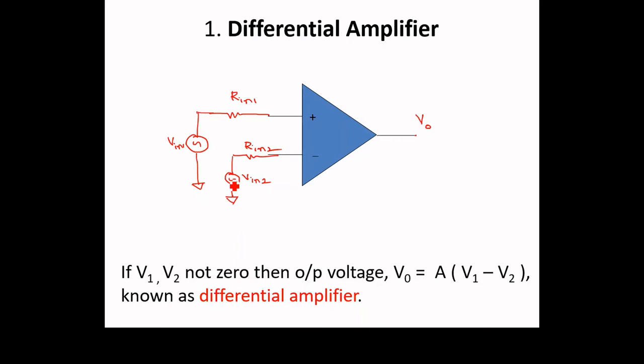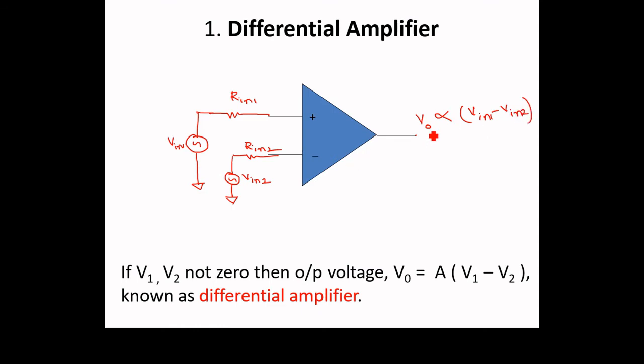So if these inputs are not zero, then the output voltage V0 is simply A into V1 minus V2, because the output is proportional to the difference between the input voltages that we are applying.